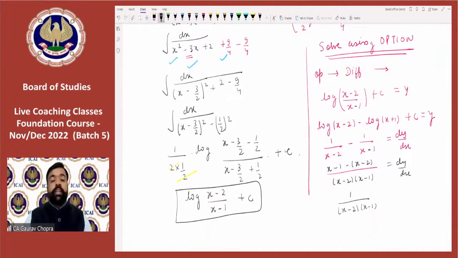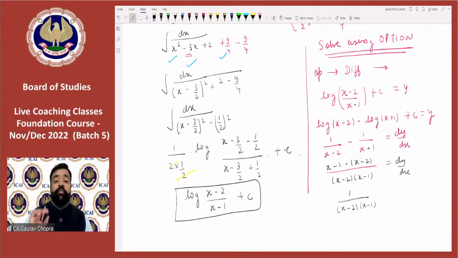So whenever we differentiate the option, and if we reach our given function, that means that option is correct. And if that option is unable to help us reach the function, that means that option will be wrong. So in this way, by reverse calculation, we can do the same.